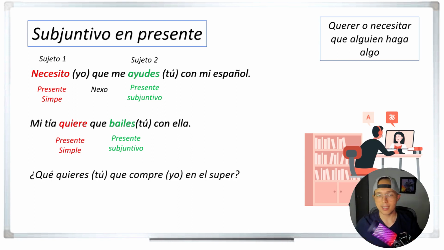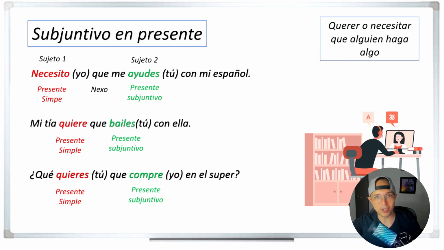And let's take a look at the last one. ¿Qué quieres que compre en el súper? So we have two subjects again. Tú and yo. So the question basically is, what do you want me to buy at the supermarket? So I say, ¿qué quieres?